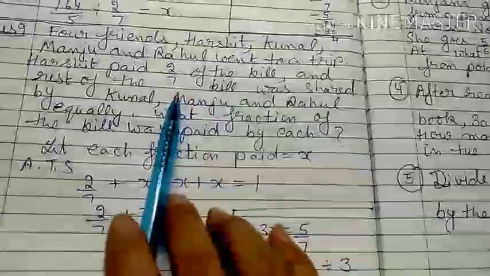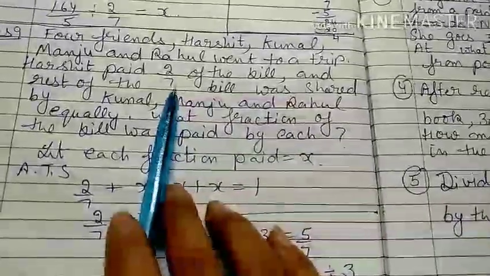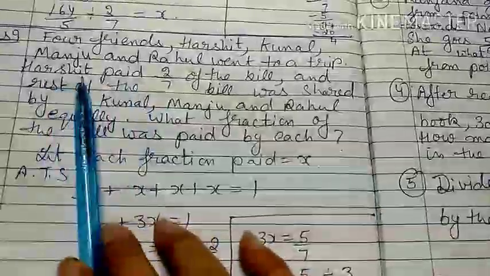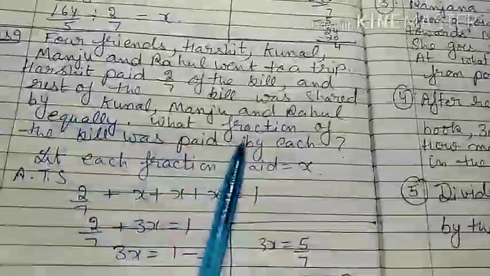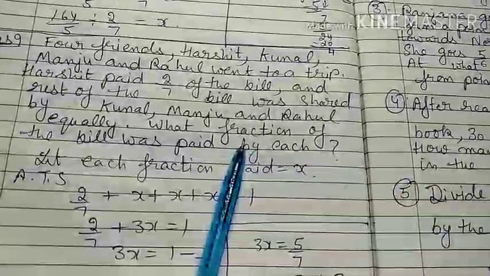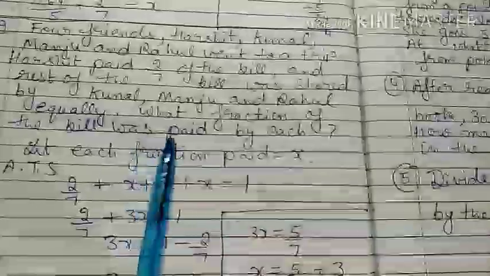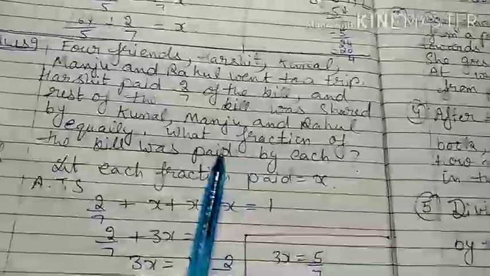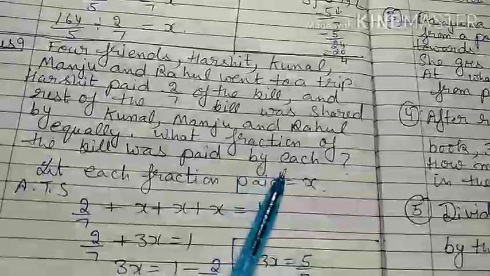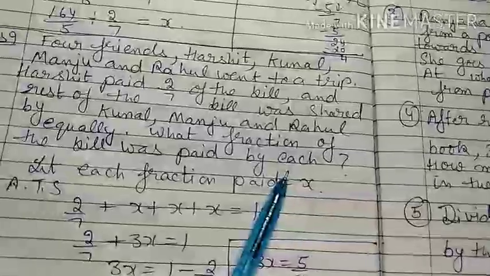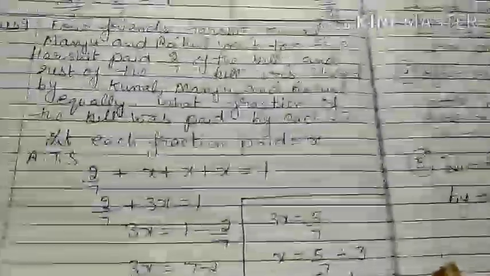Only 2 by 7 part of the bill is paid by Harshit, and the rest of the bill was divided equally among 3 friends. So we have to find what fraction of the bill was paid by each. You are not going to find the quantity of the bill, you have to just find the fraction.